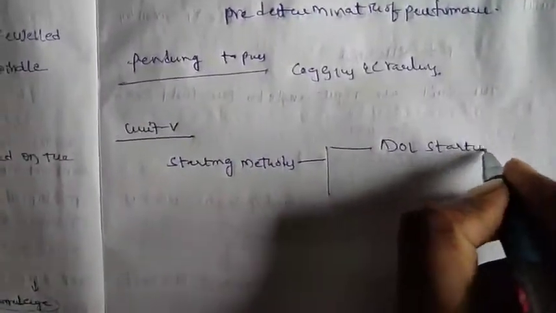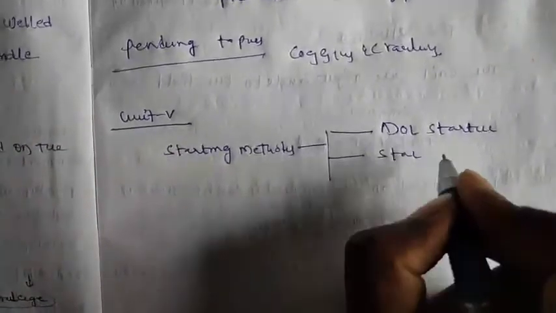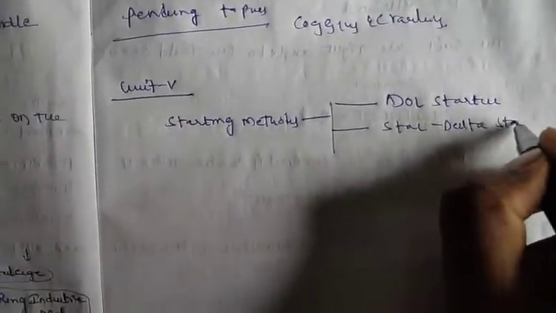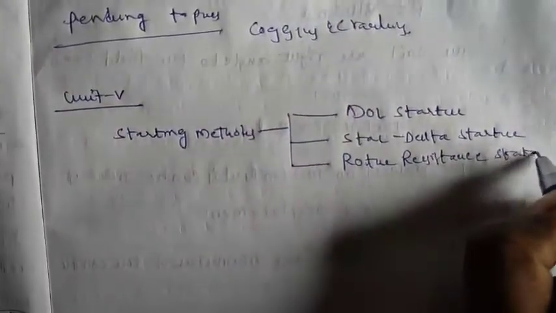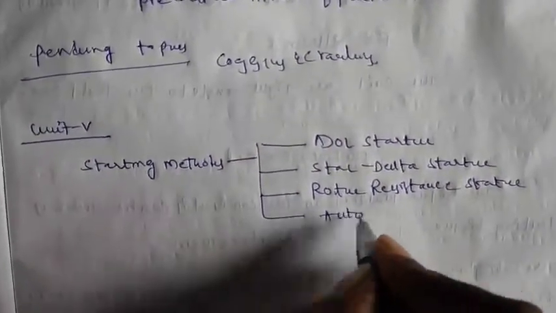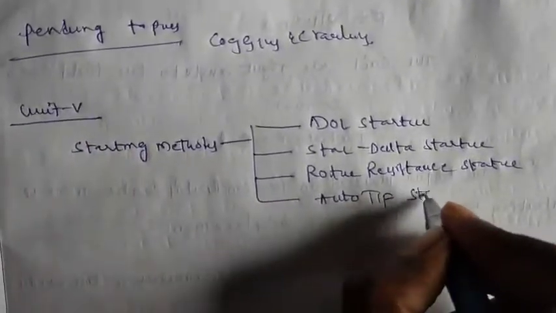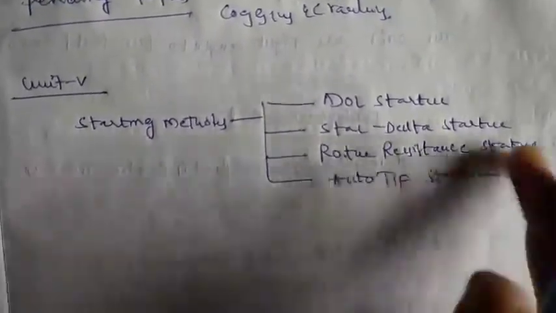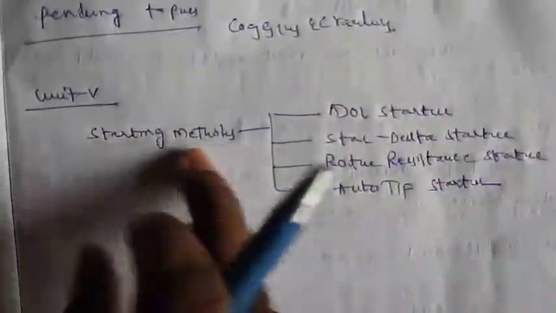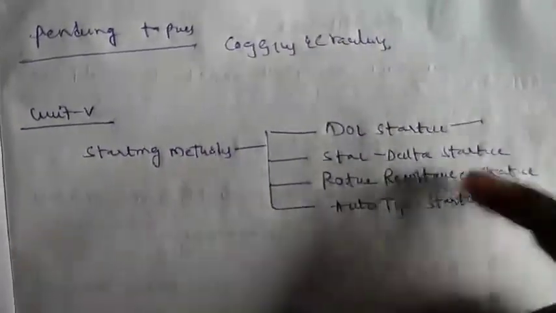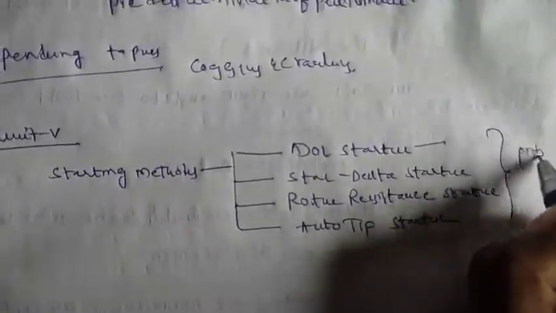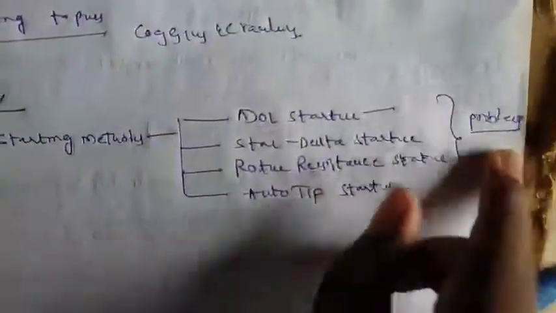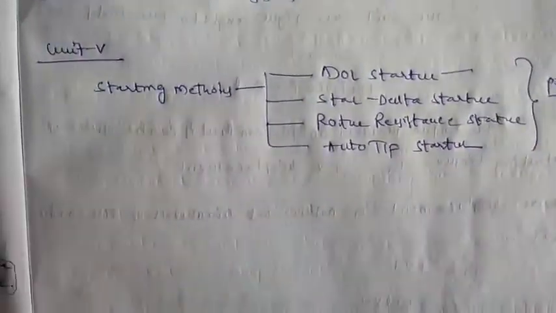DOL starter, star delta starter, rotor resistance starter, auto transformer starter. These are the 4 starters used as starting methods. In this we have to cover the construction, working and torque equations, but we have not covered the problems. These are also pending topics.